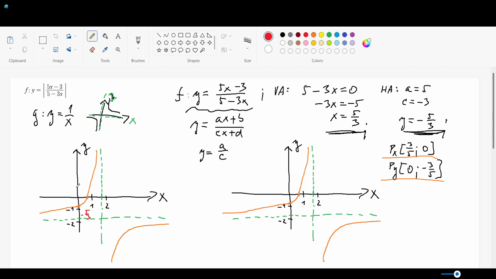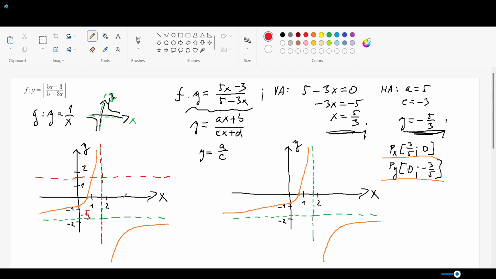So if you flip over the x-axis, and let me draw number 1 and number 2 again, my new horizontal asymptote will pass through the point +5/3. So this is my new asymptote when flipped, okay? And my vertical asymptote, of course, will remain at the same place. So these are my new asymptotes.